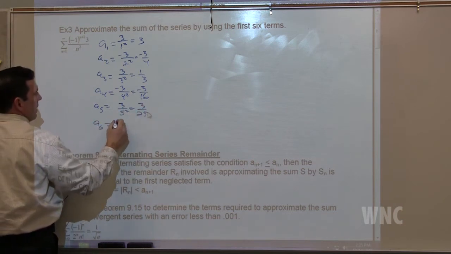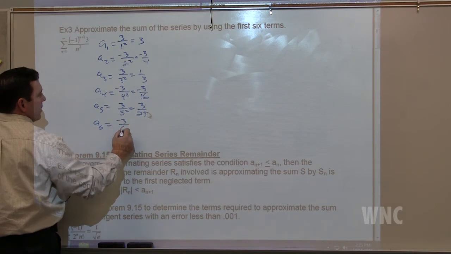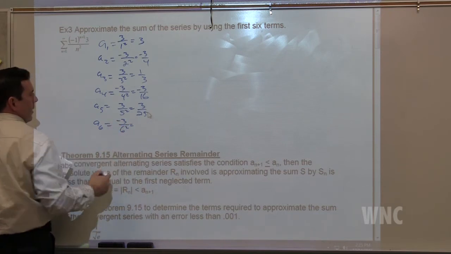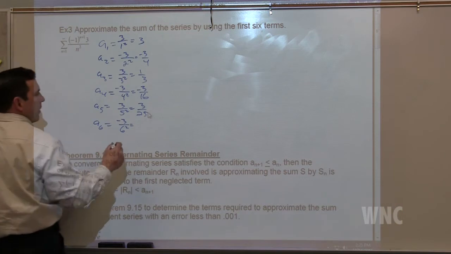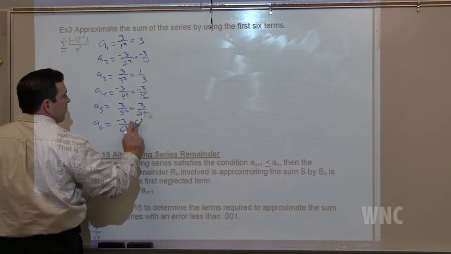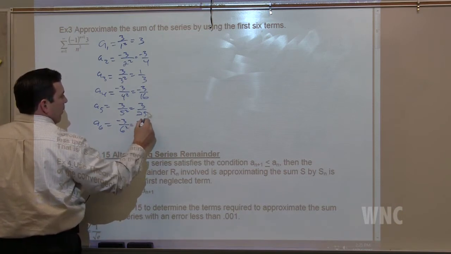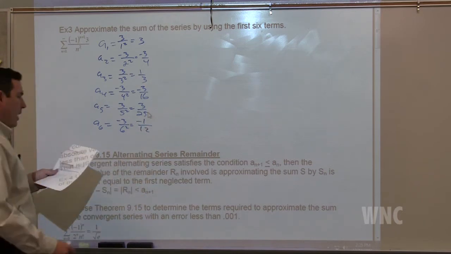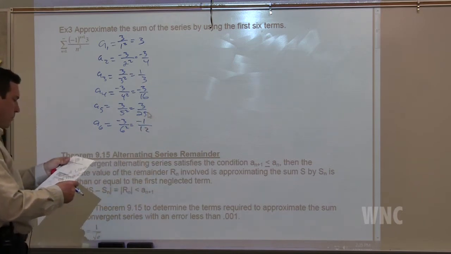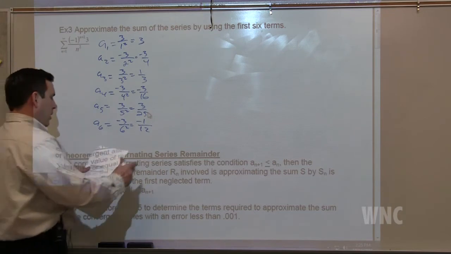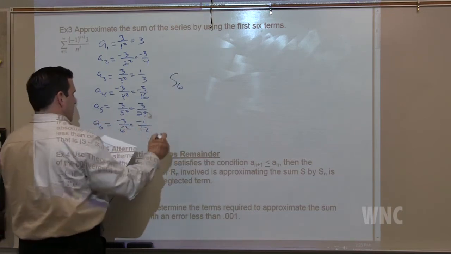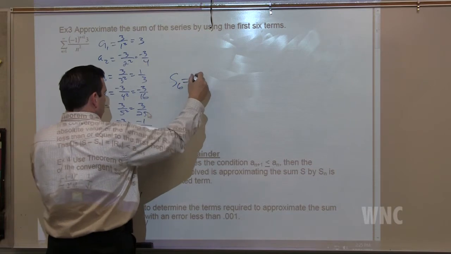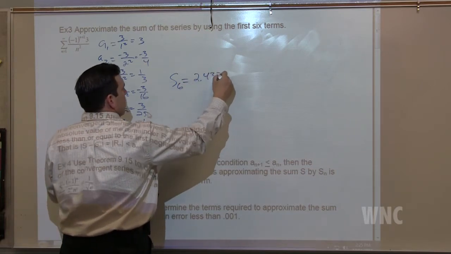And A6 is going to be negative 3 over 6 squared, which could be reduced: negative 3 over 36, or negative 1 over 12. So if we add these up, our S sub 6 is going to be 2.4325.